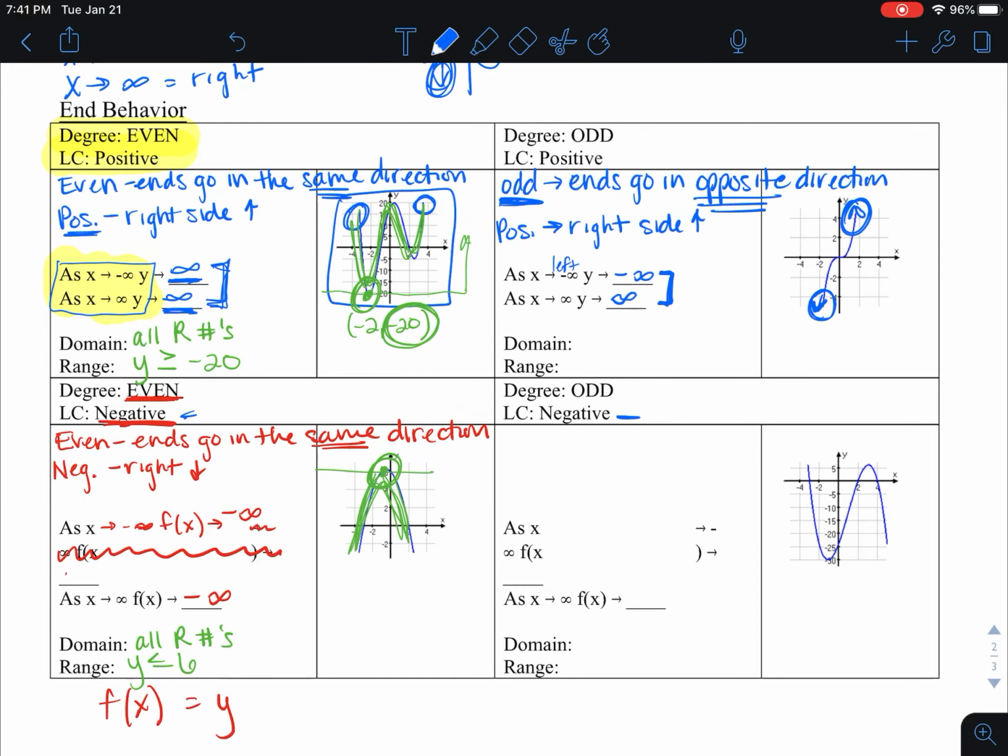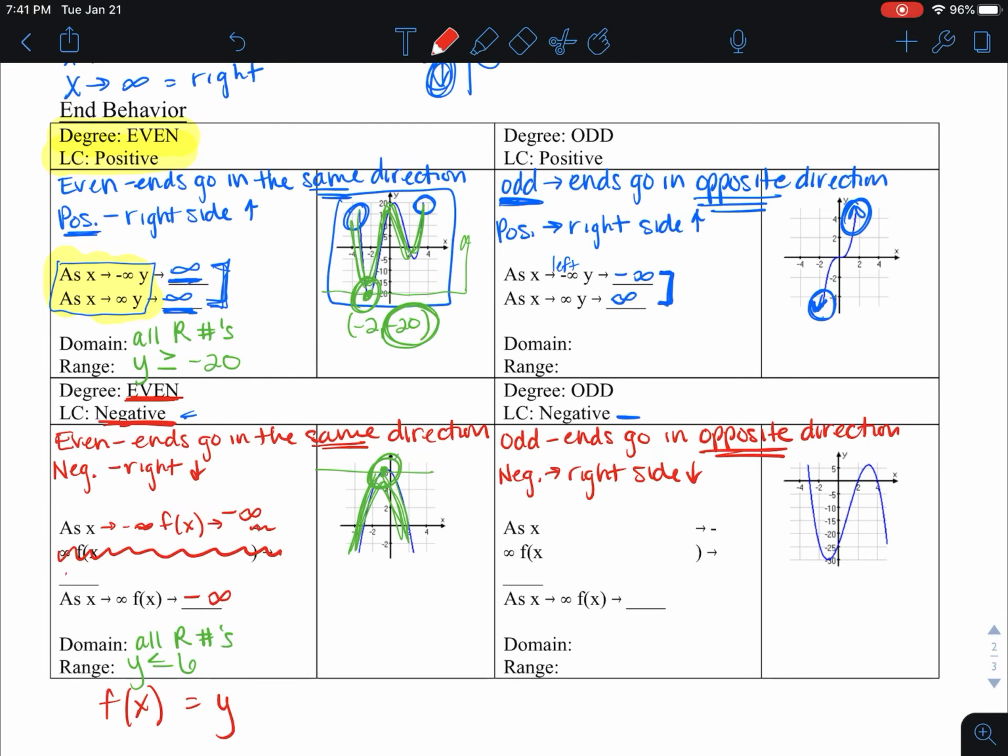Okay? All right. So then looking down here, again, we have odd. So that means the ends go in opposite directions. Odd, opposite. And then this is negative, which means the right side goes down.